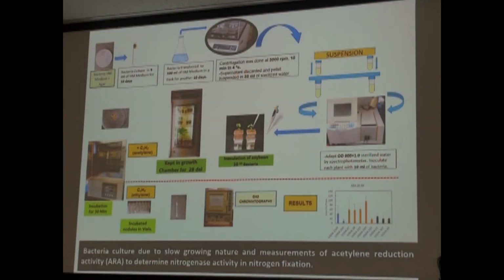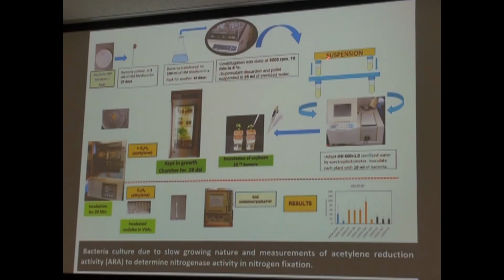The first critical part was the bacterial culture, which was supposed to be consistent in all the experiments. This bacterial culture is slow growing, and it must be cultured for a long period. As you can see, it was transferred for 10 days and for another 10 days in 100 ml of HA media, which comes to a total of 20 days.